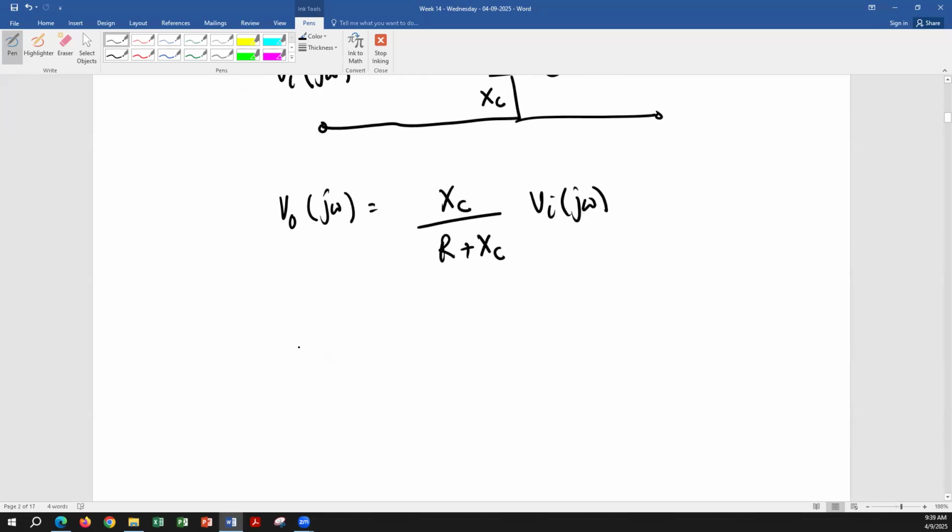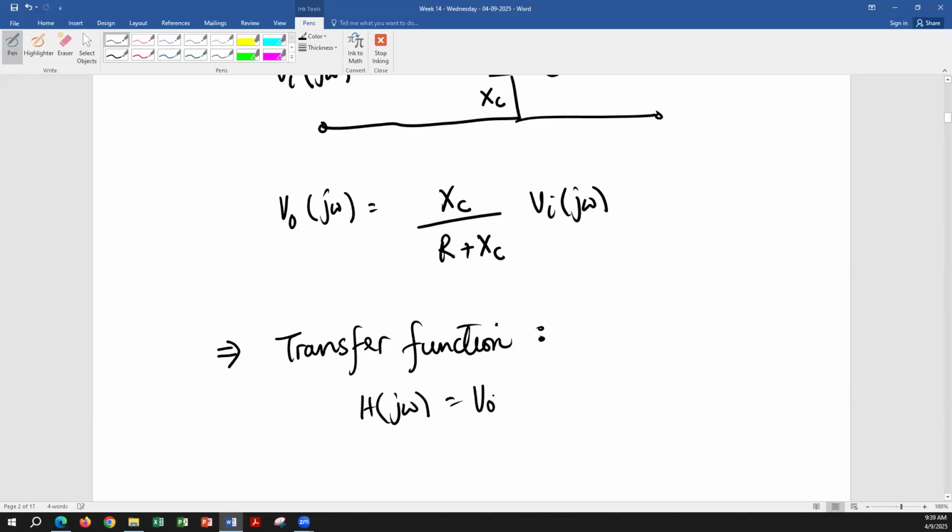All right, as I discussed with you earlier, the concept of transfer function. The transfer function is the ratio between the output and the input, generally represented by H of j omega, which is output over input, which is simply XC over R plus XC.